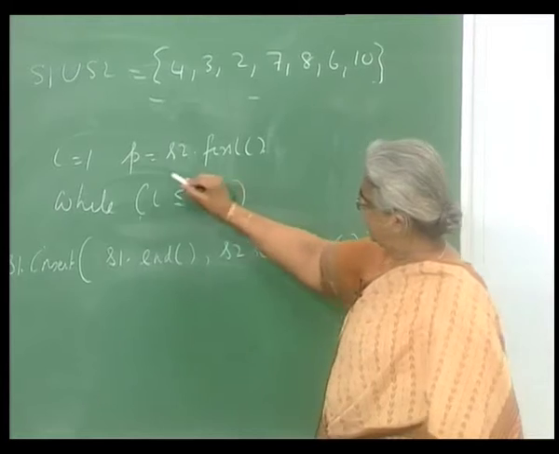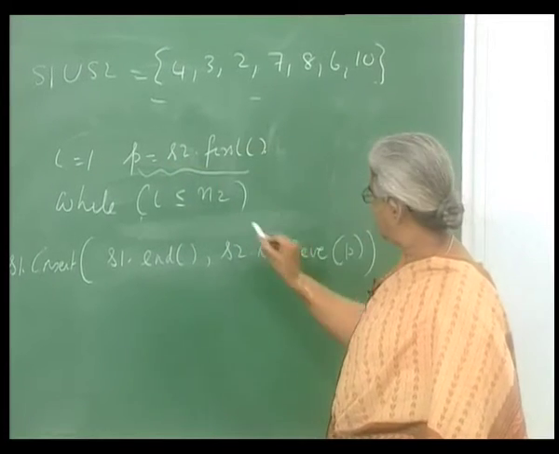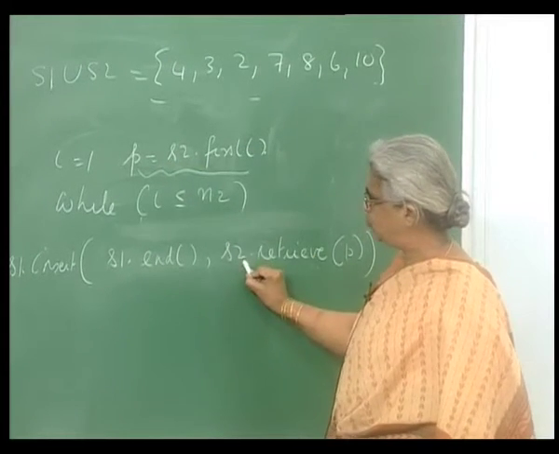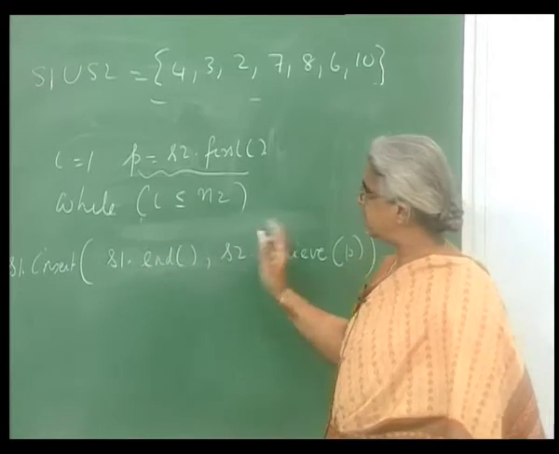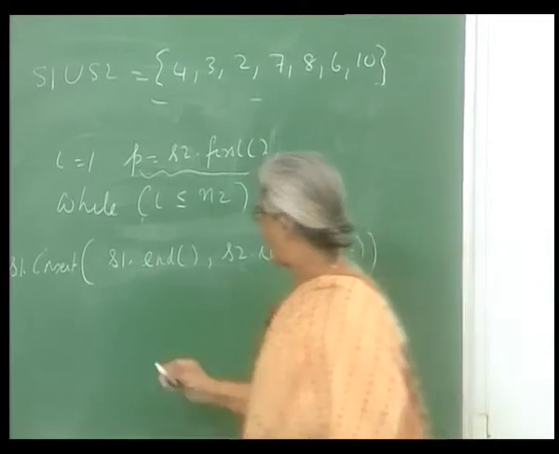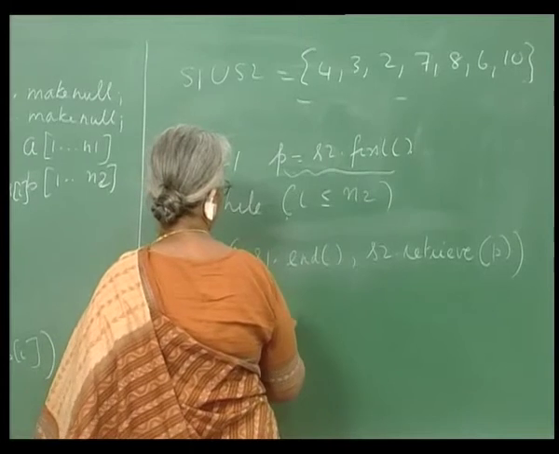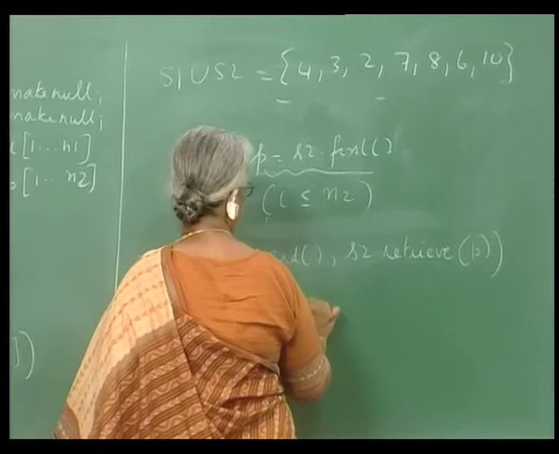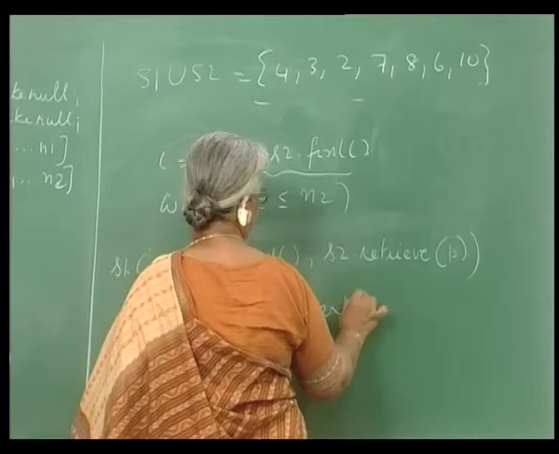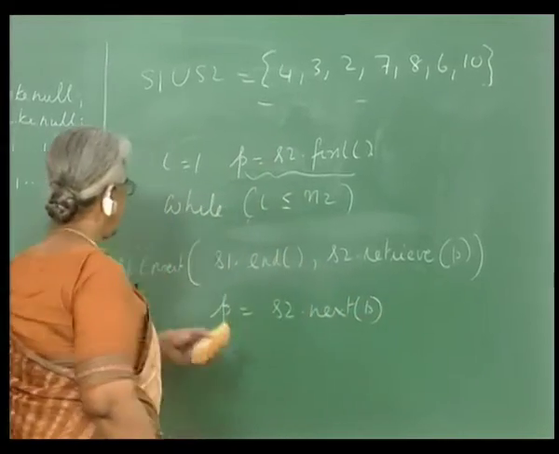I am inserting the element at position P from S2 to the end of the list S1. So now I will update P: P is equal to S2 dot next of P. I can get the next position and so on and so forth.